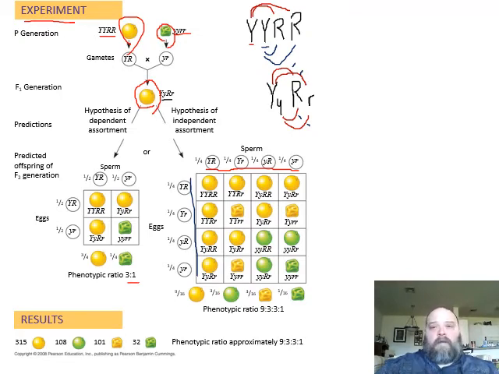Well, he did the dihybrid cross. And what he ended up with in his F2 generation was a myriad of different things. He had, just like in the parentals, yellow round, and he had green wrinkled. But he also had something new: green round, yellow wrinkled. These showed up nowhere else.